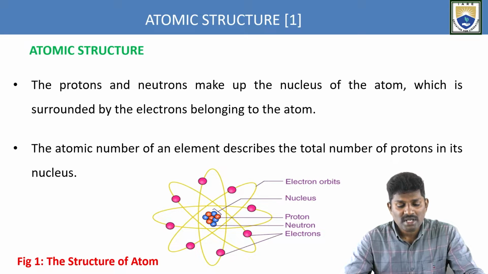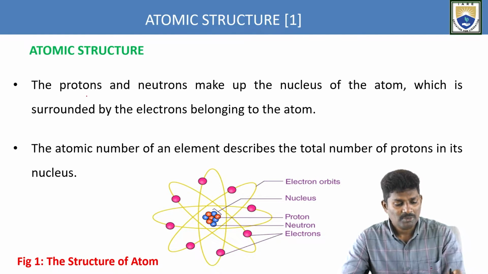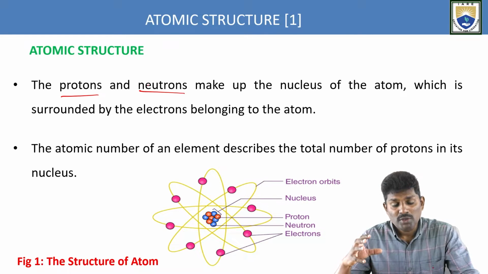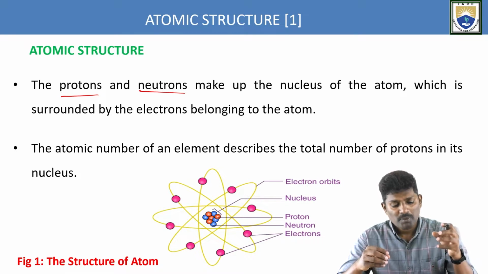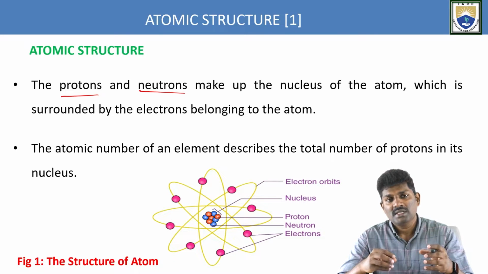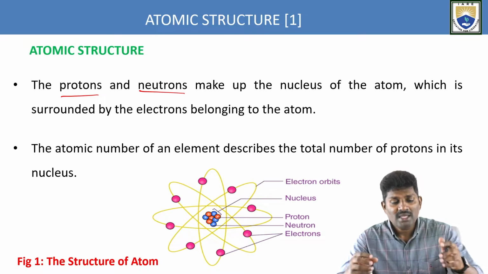The protons and neutrons make up the nucleus of the atom. So what is happening here? The protons as well as the neutrons make up the nucleus of the atom, which is surrounded by the electrons. So first you have the protons, then the neutrons, and these two are surrounded by the electrons.